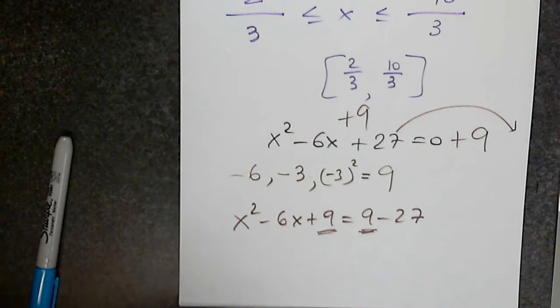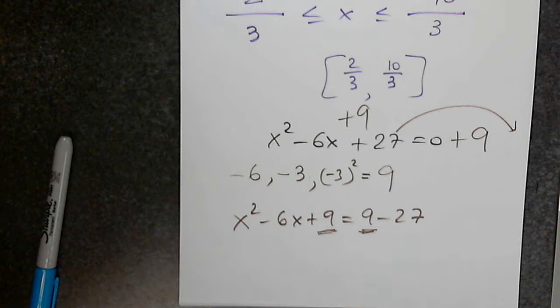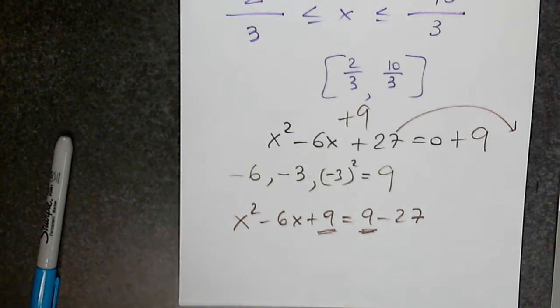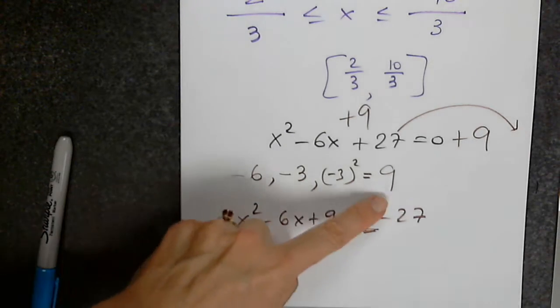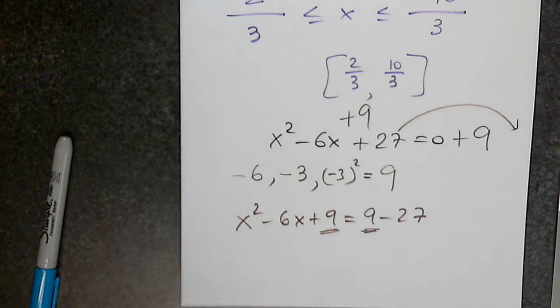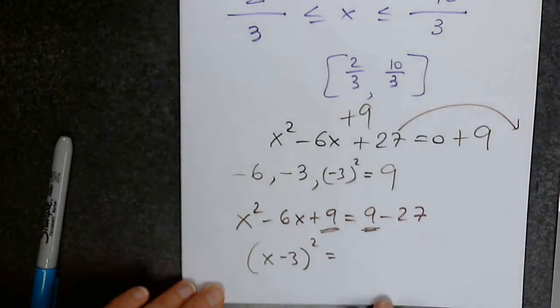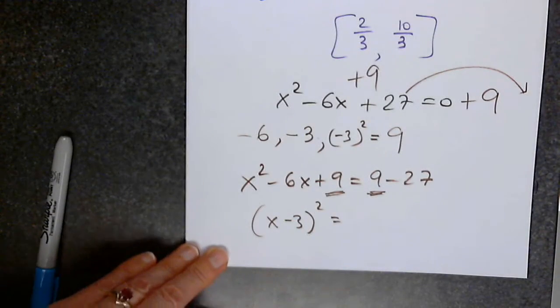What do I replace the left-hand side by? The number that I squared to get 9, of course. So the left-hand side is indeed x minus 3 squared. What do we have on the right-hand side?